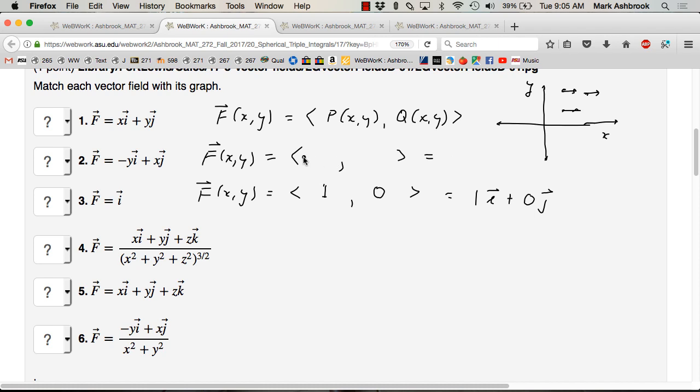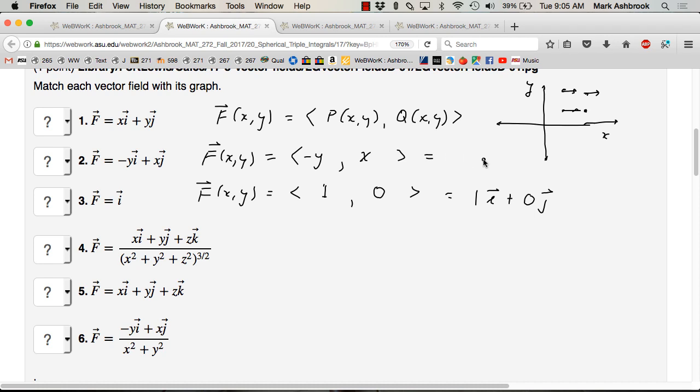Negative y. And what's the y component? x. That might have been our example last time. If I'm at the point 2, 1 in this vector field, what vector do I have at the point 2, 1? You want negative 1, 2.